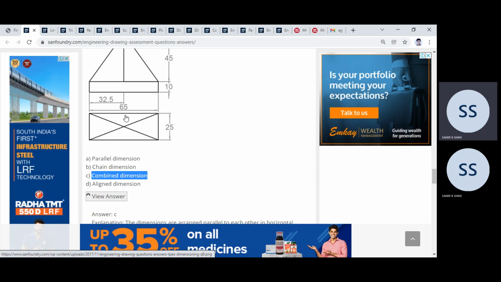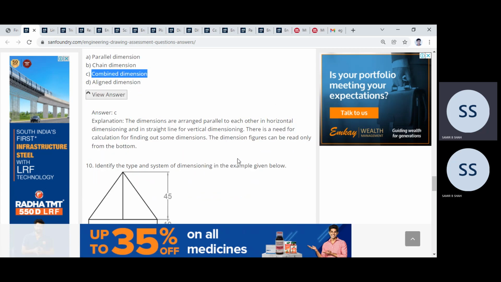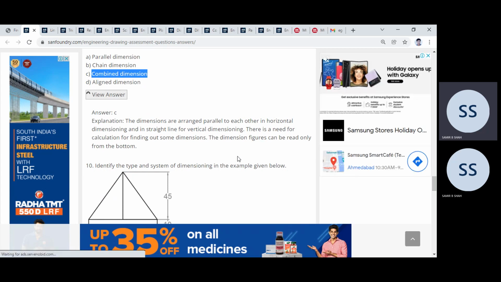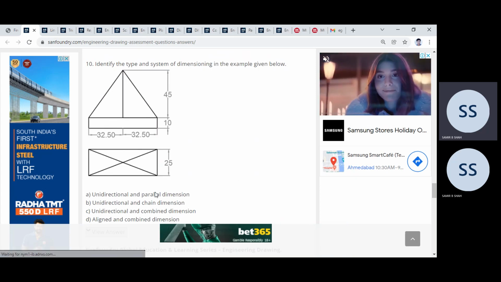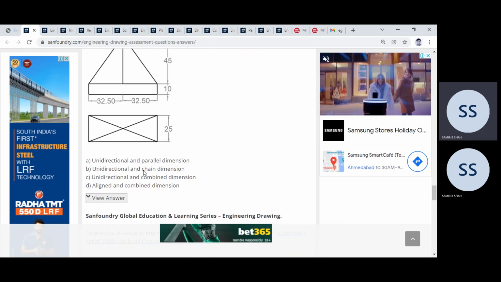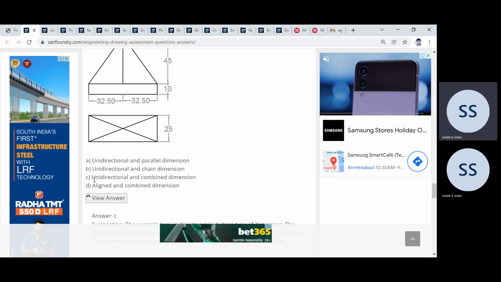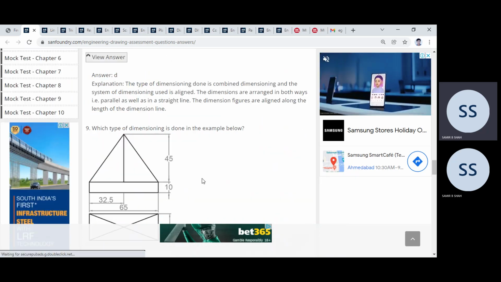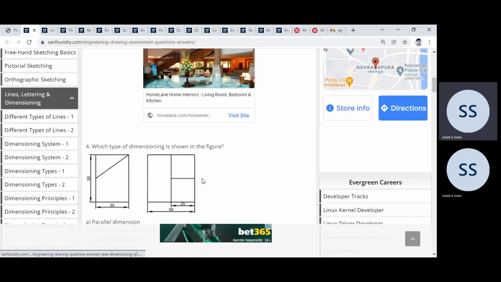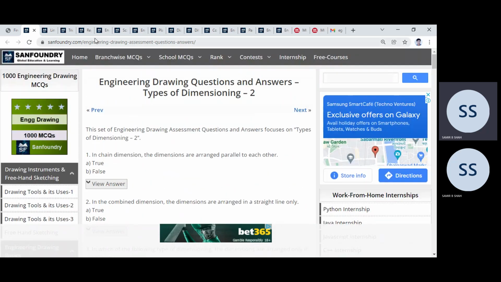Okay, you can see यहाँ पे center में भी दिया है, and most probably in our daily work we prefer to use any one method, either aligned or unidirectional. Now next one. यहाँ पे कौन सी है? So now you understand that unidirectional, combined. So these are some questions and answers regarding dimensions.